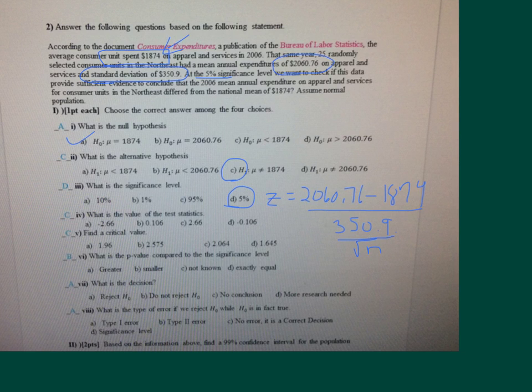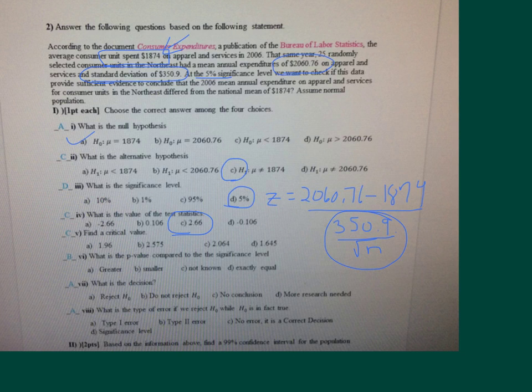And so in this case, we would take 350.9 and divide by the square root of 25. And if we divide that into the top, we get 2.66, okay? And that's a positive 2.66 because our sample expenditures are larger than the average. So that's probably what we did wrong back on page 1 as well.